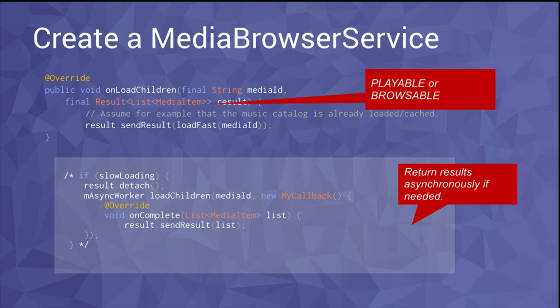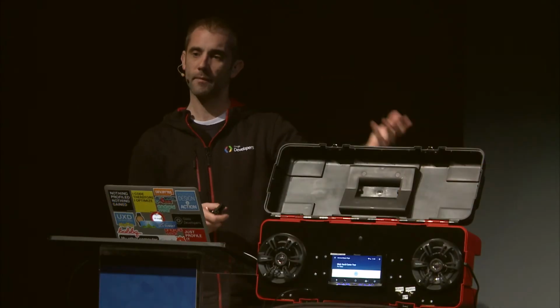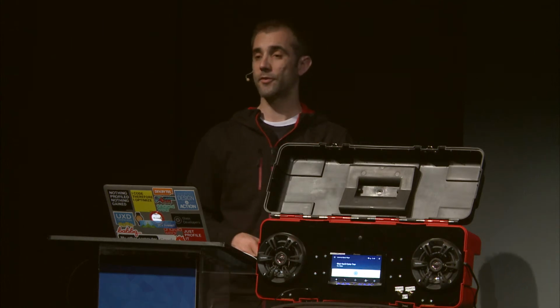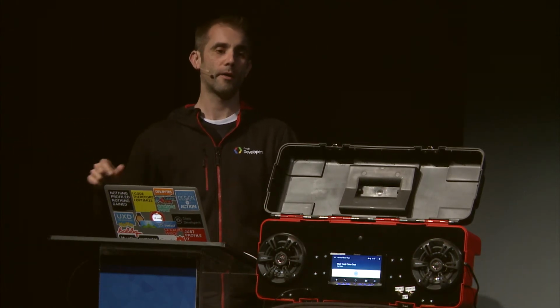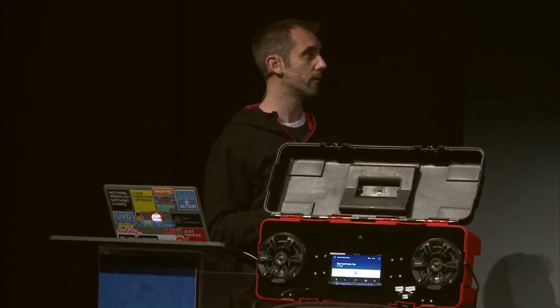So if media is in local storage, do the first method here. If you're on the network, do the second one, because you don't want to have a laggy experience, because otherwise it'll slow down the experience in the head unit, which is bad for the user, especially when they're driving. They're going to be super frustrated if they're trying to press a button and it's not working while they're driving a car. So it's super important that you get this right.